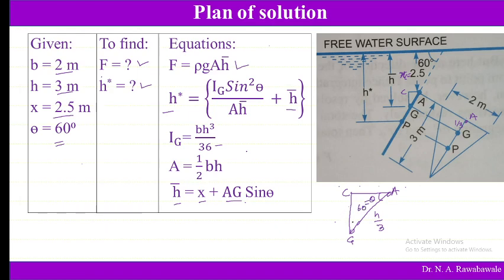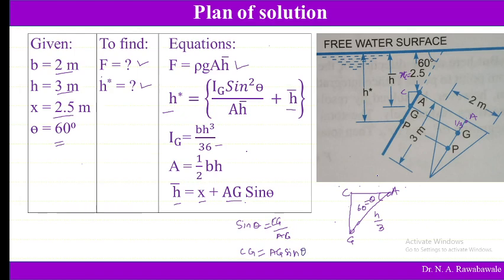CG is equal to AG sin theta. Sin theta is equal to the opposite side CG divided by AG. So CG is equal to AG sin theta.